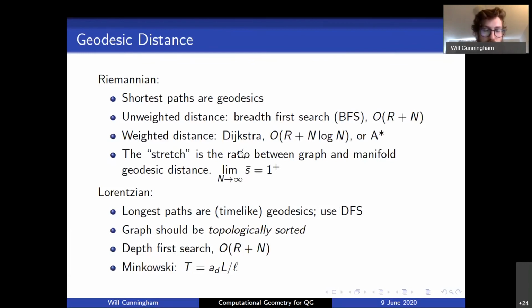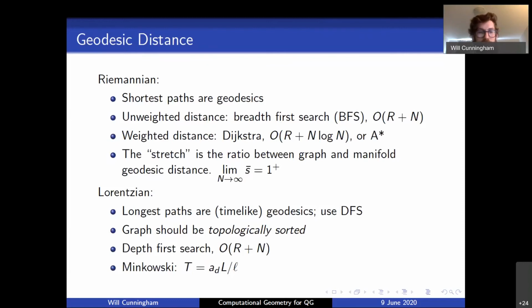One key observable that we're interested in is what's called the stretch. And this is the ratio between the graph distance and the manifold geodesic distance. One way to visualize that is if you are driving across the country and you have to take some series of roads and you add up the miles that you drive, you'll see that it exceeds the distance that you would have traveled if you could fly.